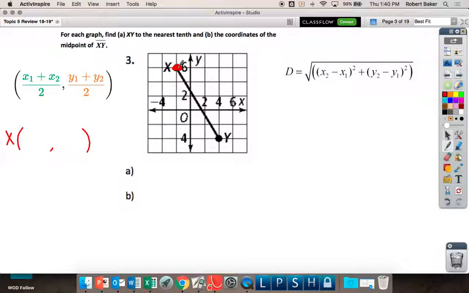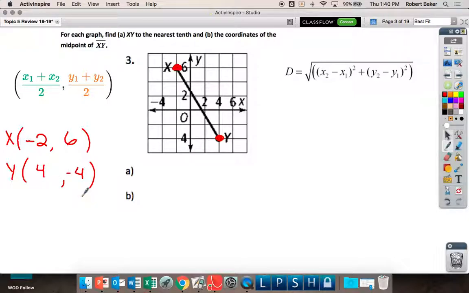Careful, the graph counts by 2's: 2, 4, 6, 8. So it's really negative 2, 2, 4, 6. X is at negative 2, 6, because the graph counts by 2's. Where's y? 4, negative 4.